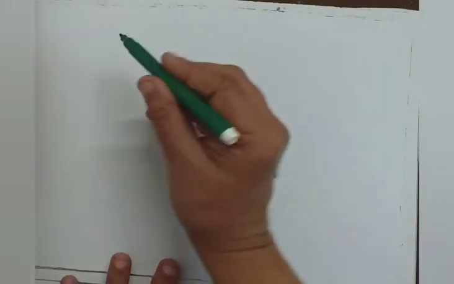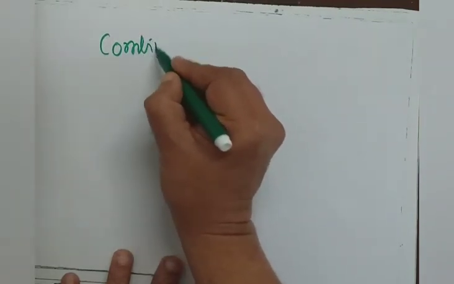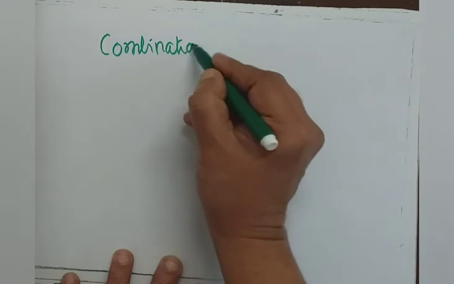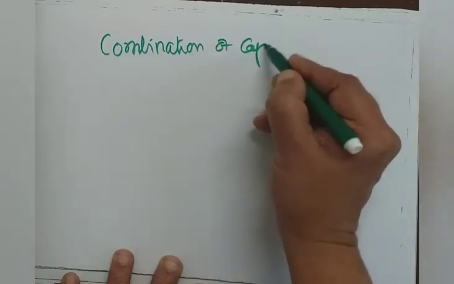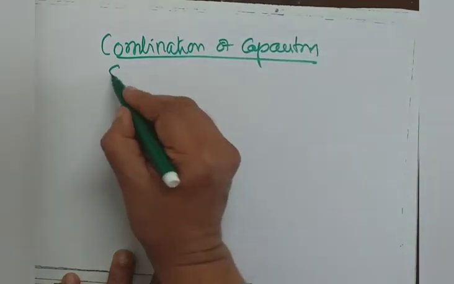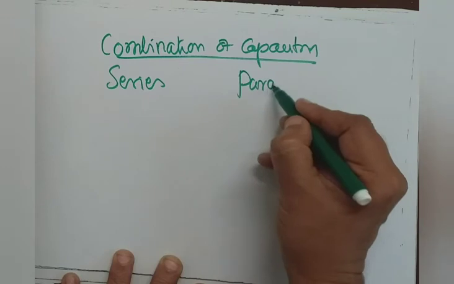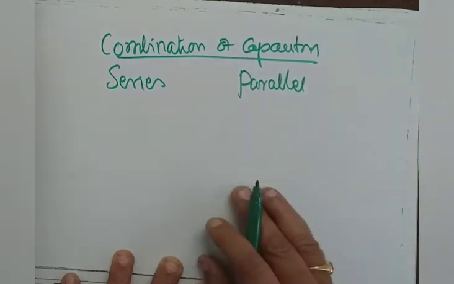So there are two types of combination of capacitors: series and parallel, as you know from your high school for resistors.